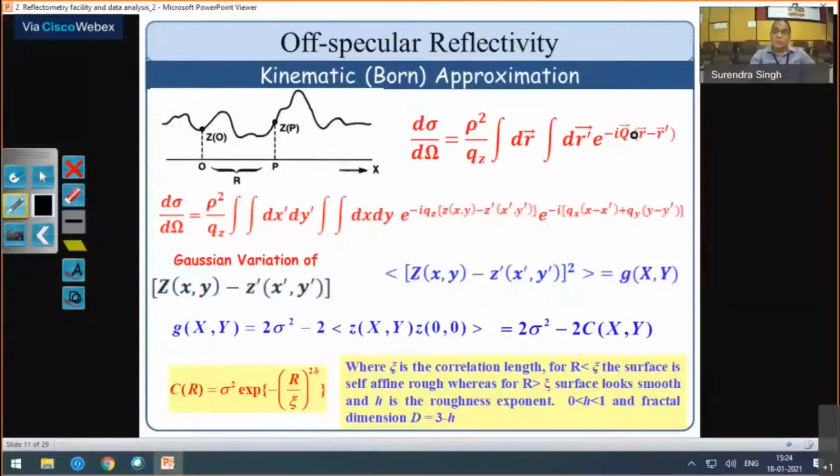So if you expand this, it is like z(x) minus z(x dash), because we have variation along the z direction, as we are dealing with the depth. So we have z(x) and z(x dash).